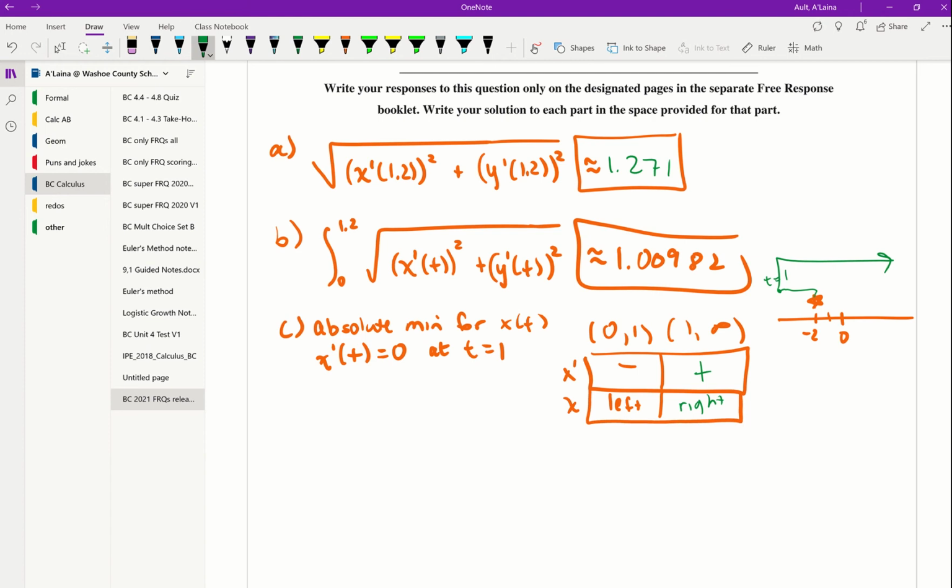I have to explain why. They will not look at my table. They will not look at my diagram either. So I'm going to put this as the only time the particle changes direction horizontally.